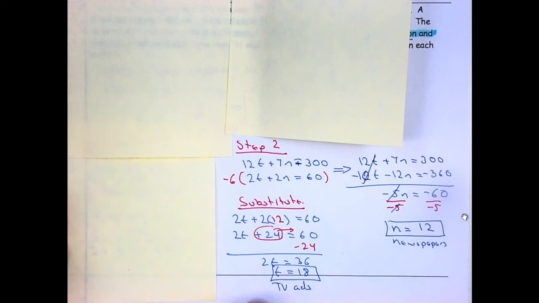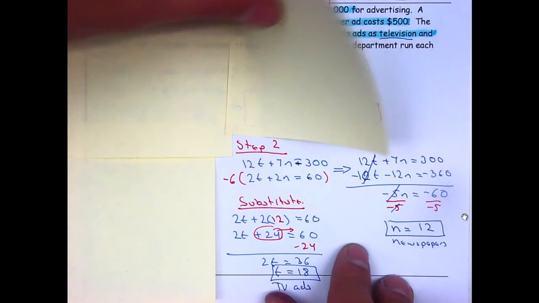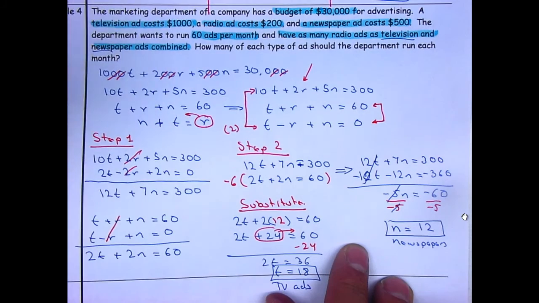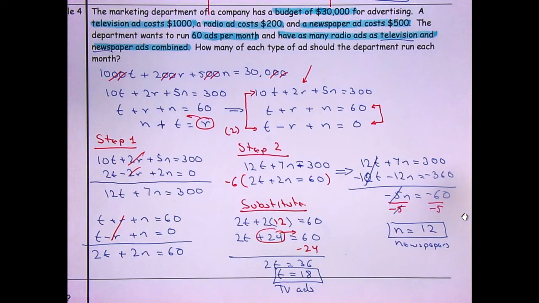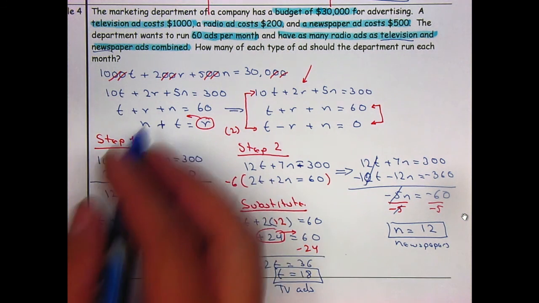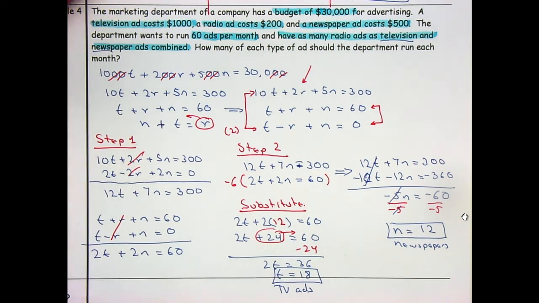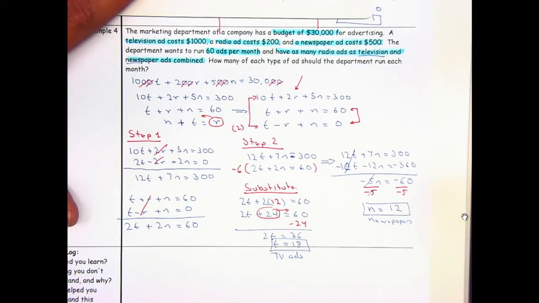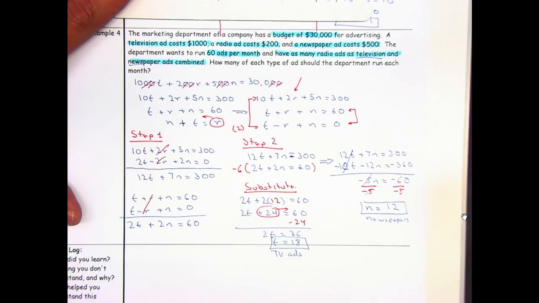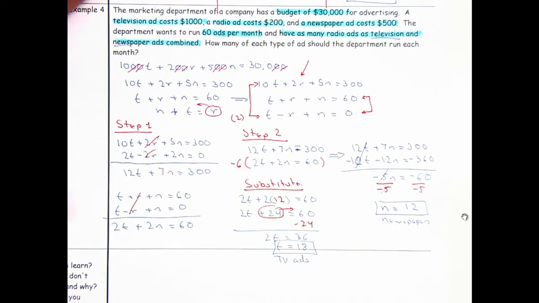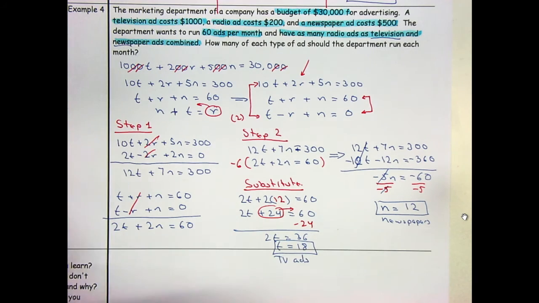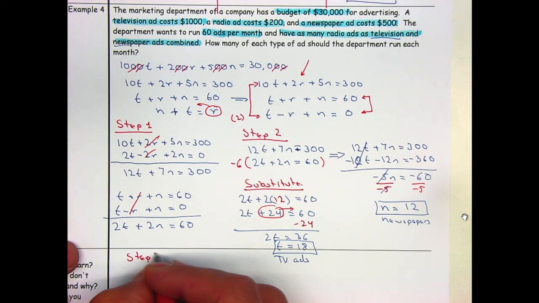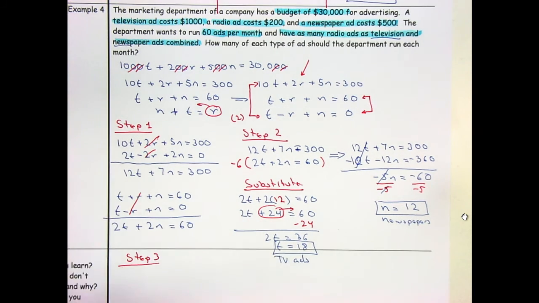And now that we have 2 variables, we can go back into any of the first 3 equations and plug it in. On step number 3, I'm going to plug it in on the one that looks easiest, the last one.